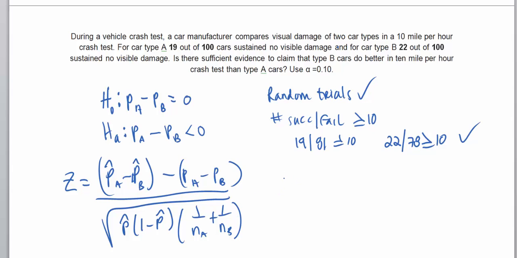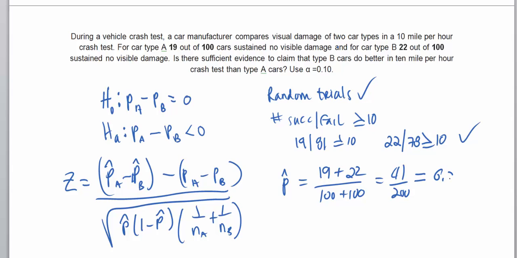The pooled proportion is simply the number of successes in each group added together divided by the total sample size, which was 100 for each. So this is equal to 41 over 200, which is equal to 0.205. So that's our pooled proportion.